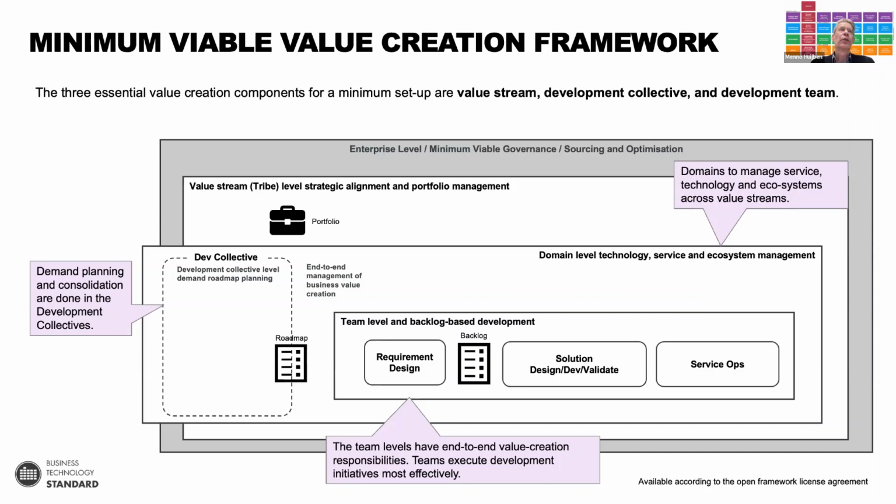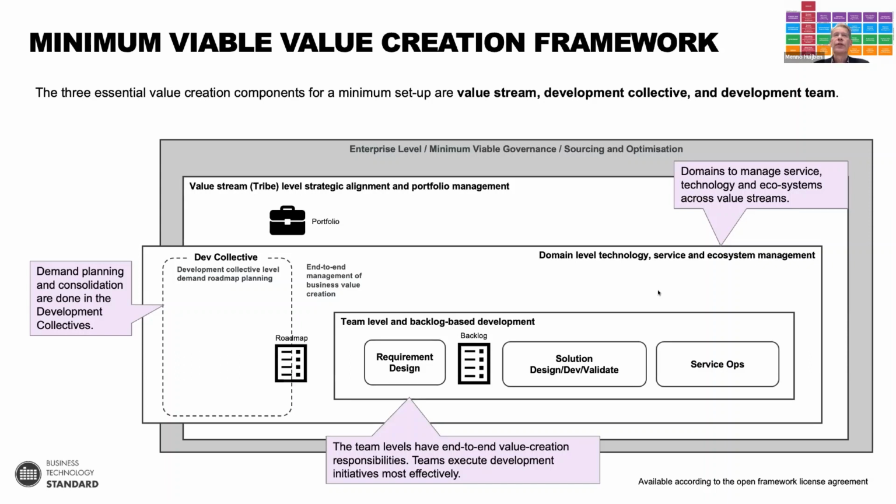Then we have those development collectives, the virtual teams that crystallize demand and articulate that into a development roadmap. And then you have the teams that actually execute on those roadmaps, that articulate what exactly the requirements are, come up with the backlog, and then start to develop their solutions, and it goes to service and operations. So those are the minimal elements you need, and those you can then start to scale to define how your organization should look.